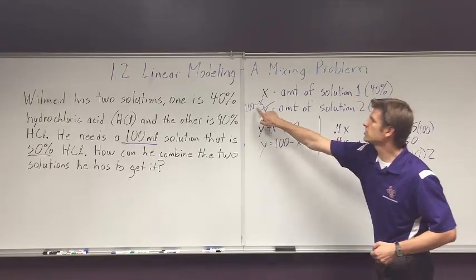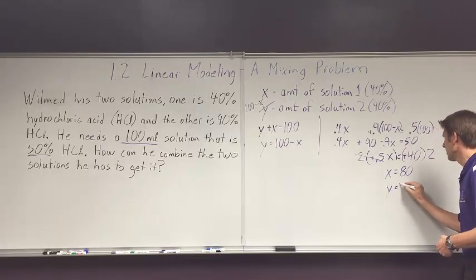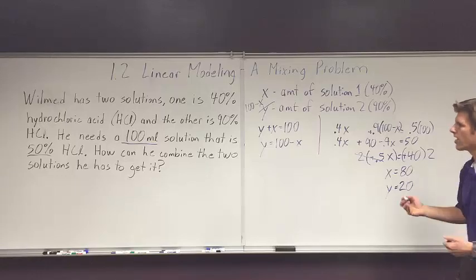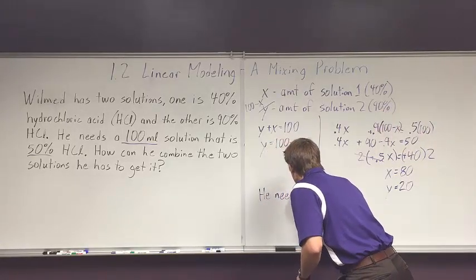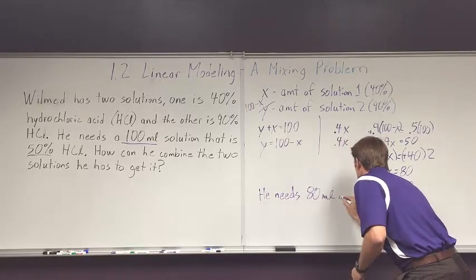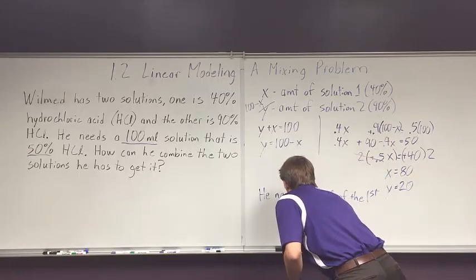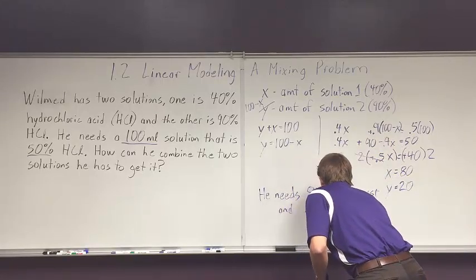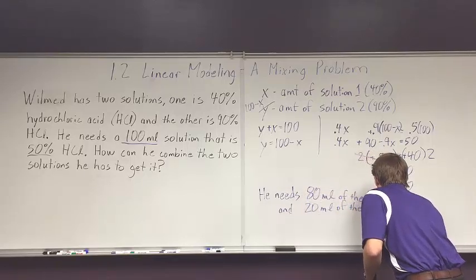So how much of solution 2 do I have? 100 minus 80, so y is 20. He needs 80 milliliters of the first and 20 milliliters of the second.